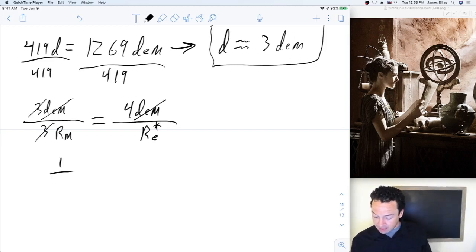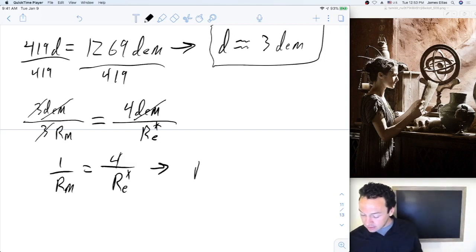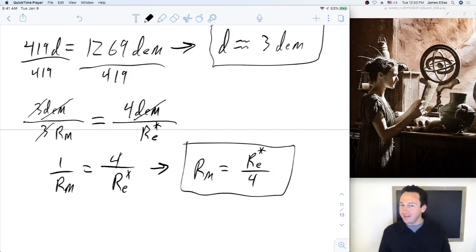Let me show you what we have now. 1 over the radius of the moon equals, let's draw that a little more neatly, 4 over the radius of the Earth. Let's take the reciprocal of both sides. The radius of the moon is 1/4 the radius of the Earth.